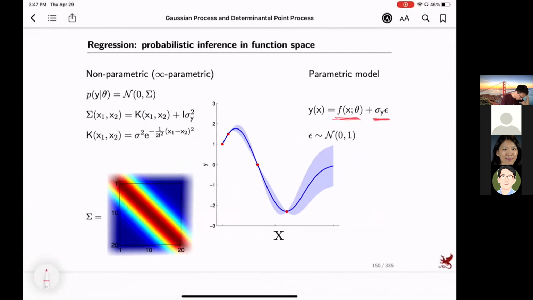I guess this is also related to a very early question Zhang asked: why do we have this sigma y here? For the parametric model setup, we also have this term because we are not saying that what we predict with fx is exactly the y value. We also allow some noise there. In the non-parametric case, we have a corresponding term.